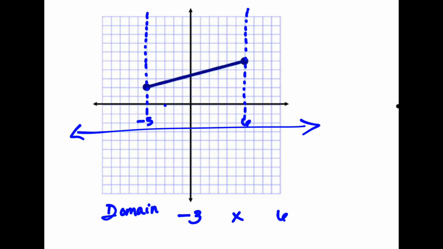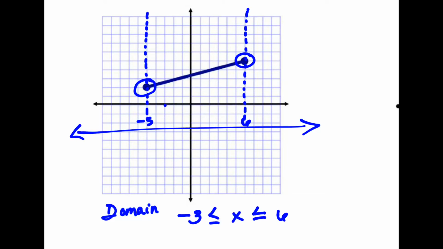Now, I didn't put my inequality symbols in there yet because I want to look at the endpoints. This is a closed circle, meaning the x value of negative 3 is included. So not only are my x values greater than negative 3, but they can also include negative 3. And the same thing with 6. So x is going to be less than or equal to that value of 6.